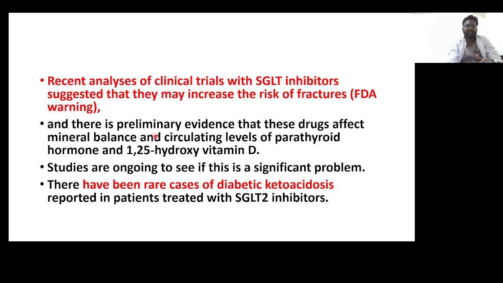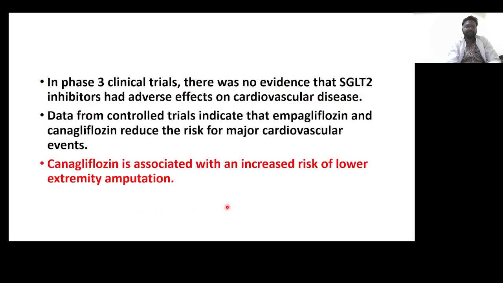There is preliminary evidence that these drugs also affect the mineral balance and circulating levels of parathyroid hormone and 1,25 hydroxy vitamin D, which is an activated form of vitamin D. Studies are ongoing to see if this is a significant problem with SGLT2 inhibitors. There have been rare cases of diabetic ketoacidosis reported in patients treated with SGLT2 inhibitors also.